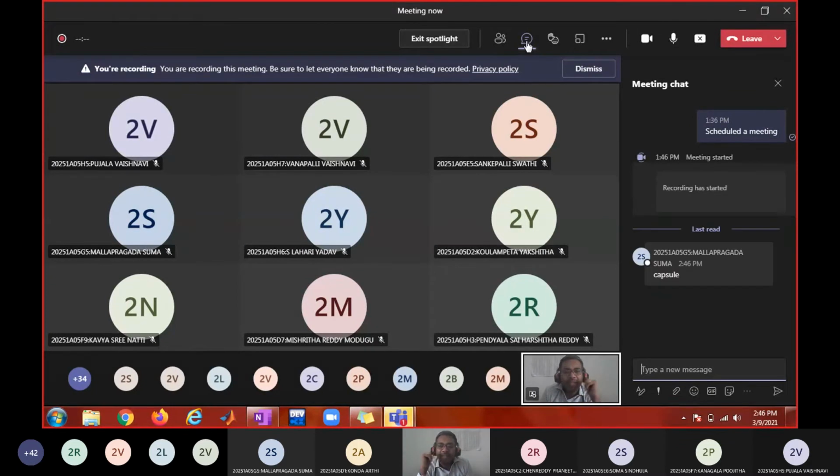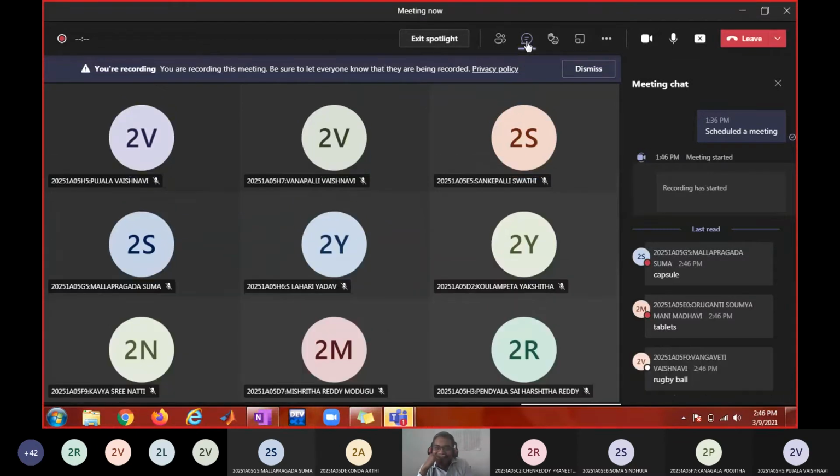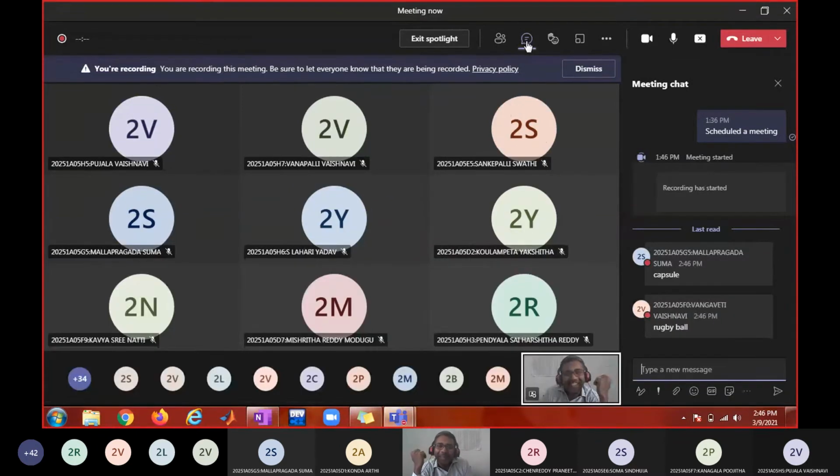Capsule is not at all an ellipsoidal shape. A capsule almost looks like a cylindrical shape. An example of a sphere is a football. Like that, what will be an example of an ellipsoid? That's it, a rugby ball.